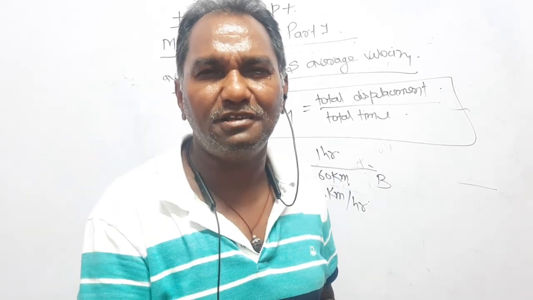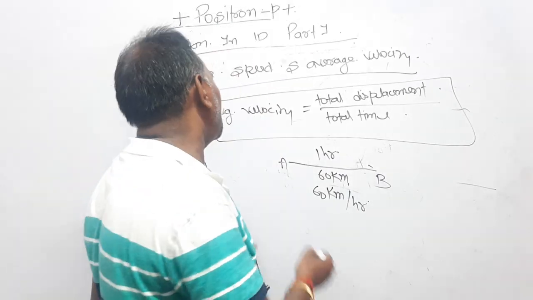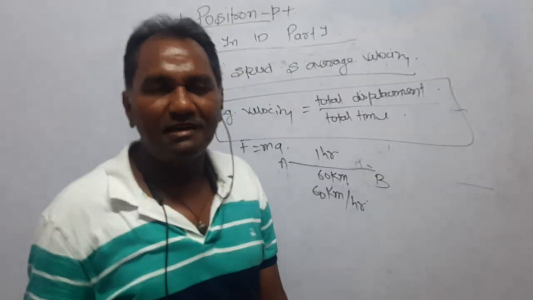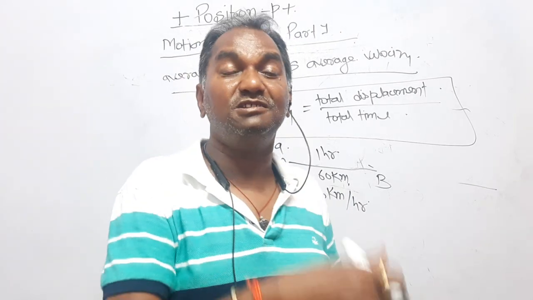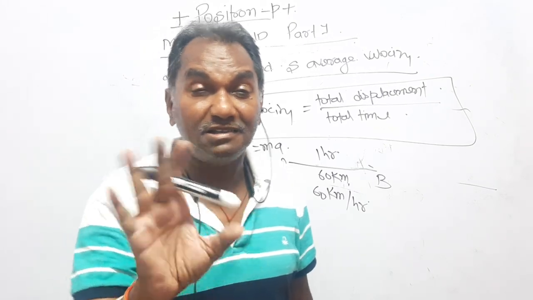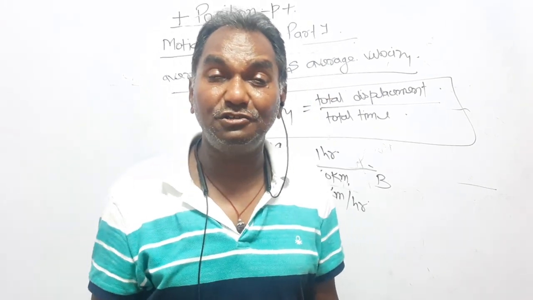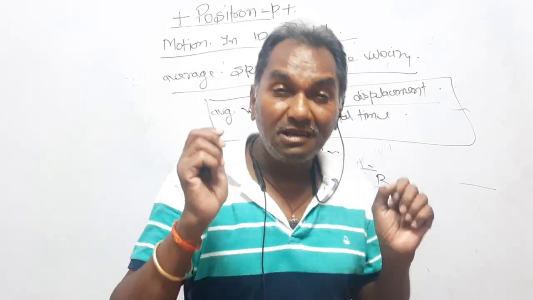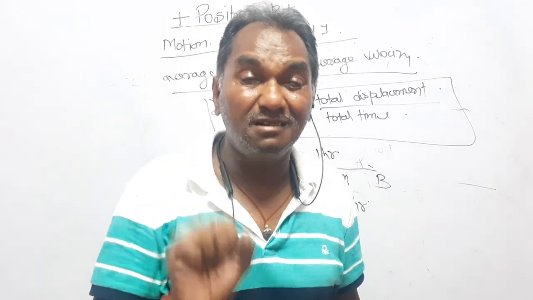When you apply the force, F is equal to m into a. When you apply the force, acceleration comes into the picture. Acceleration is the rate of change of velocity, meaning velocity has changed, right? So this is not a constant velocity you are generating. In our car, in our bike, there is an accelerator.